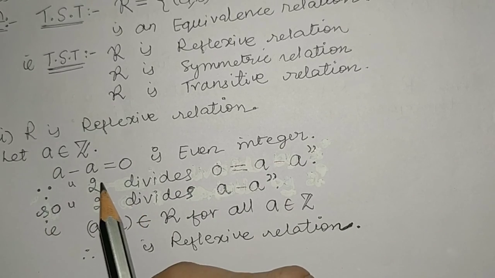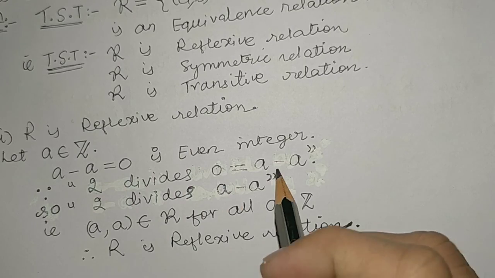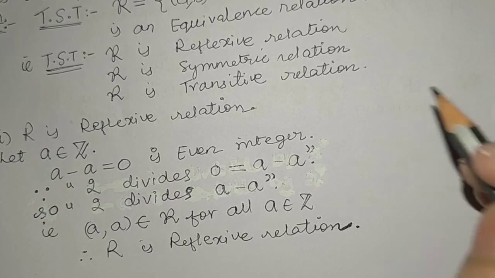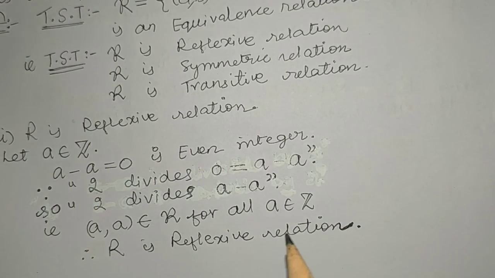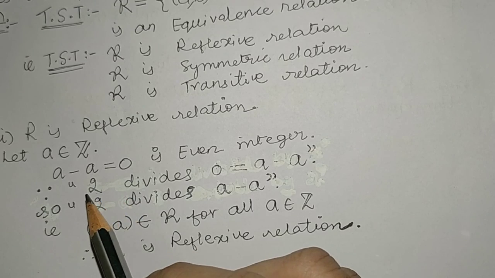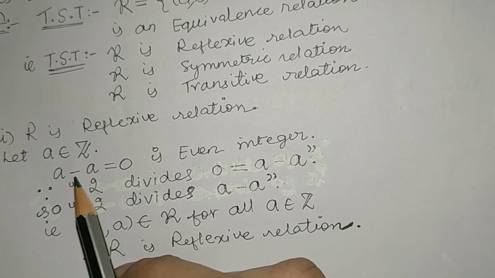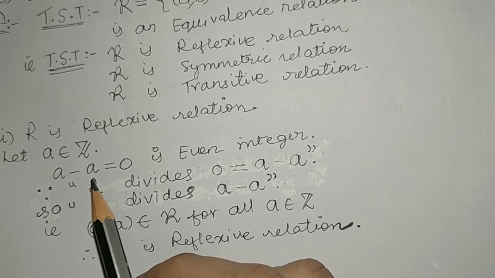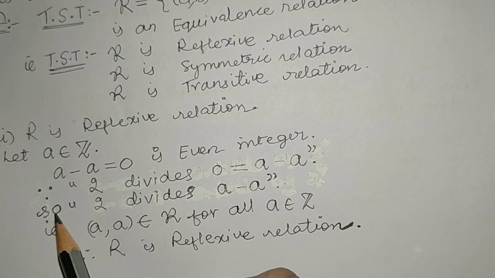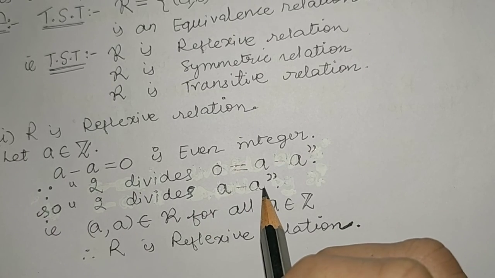So what do you get? Since 2 divides 0, now you know that 2 divides any even integer, so 2 divides 0, which is equal to a minus a. So 2 divides a minus a.